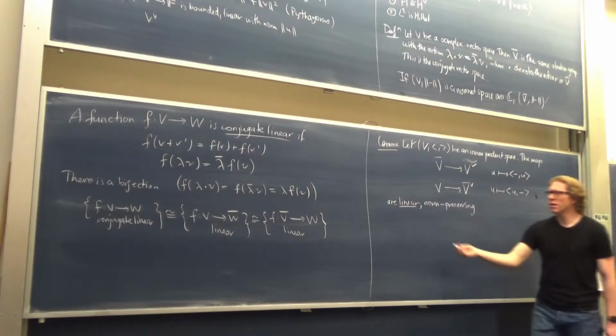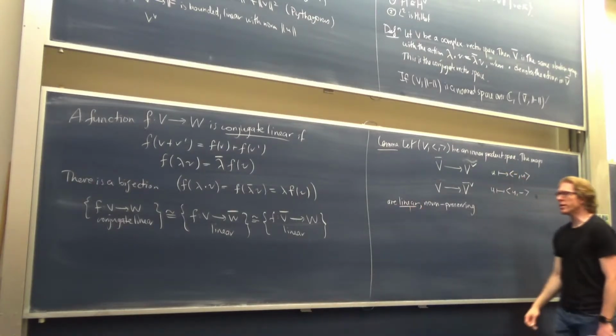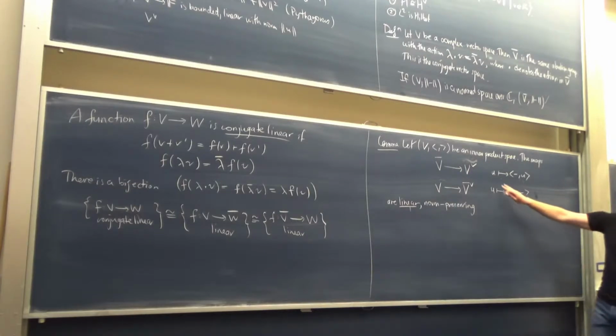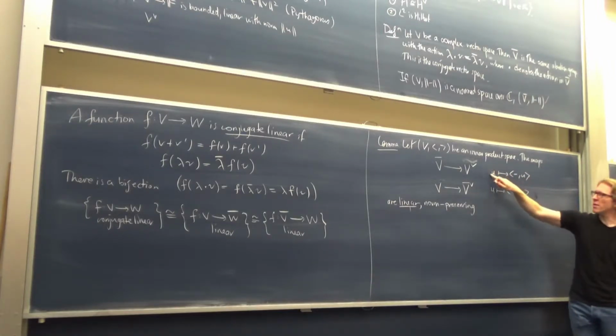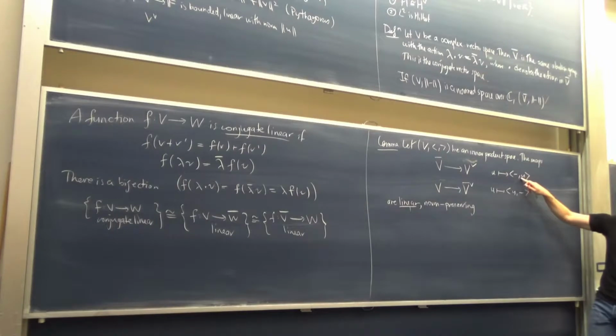So really, the only observation here is the fact that I'm saying linear. And why is that? Well, it's clearly additive. That is, U plus U prime goes to the sum of the functionals blank comma U plus blank comma U prime. If I put a lambda here, that goes to a lambda there. That comes out as a conjugate lambda.